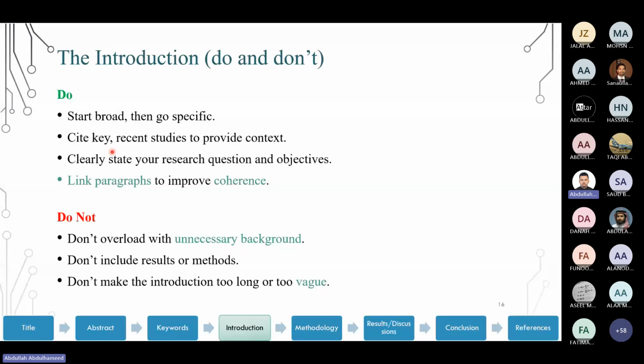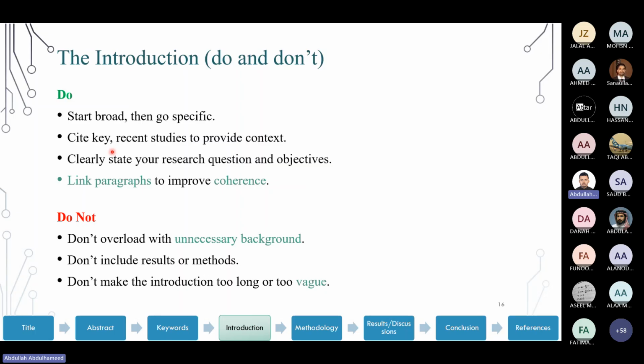Another point in the introduction is to link paragraphs to improve coherence. This is, guys, also very important. I said that when you start, the first paragraph will be general, right? So before you move from the first paragraph to the second paragraph, please write one sentence at the end of the first paragraph to prepare the reader for the next paragraph.